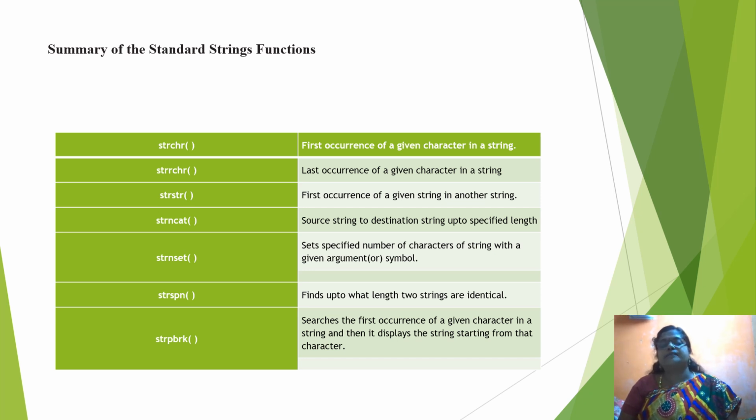The strnset function sets a specified number of characters of a string to a given argument or symbol. The strspn function finds up to what length two strings are identical. The strpbrk function searches for the first occurrence of a given character in a string and then displays the string starting from that character.